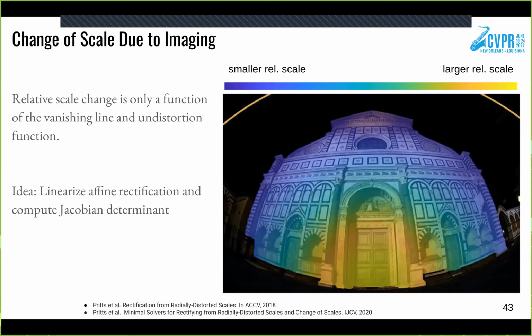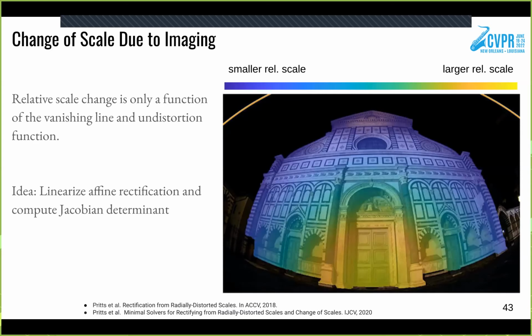The idea is that we want to use the change of scale due to the imaging. So instead of looking at this direct encoding of scale, can we see what this change of scale is if we linearize the transformation, which is represented in the Jacobian of the linearization of the rectifying transformation, and in particular the determinant of the Jacobian.